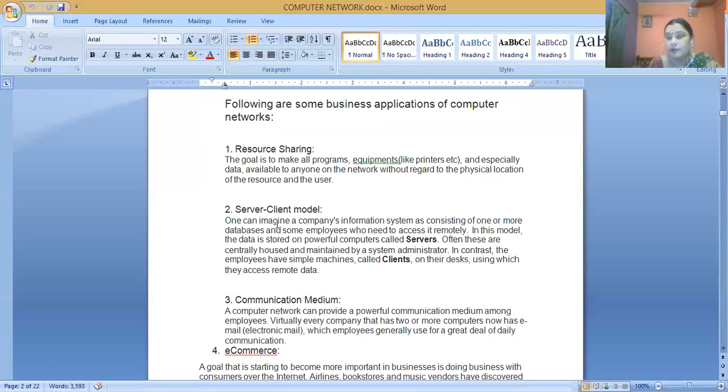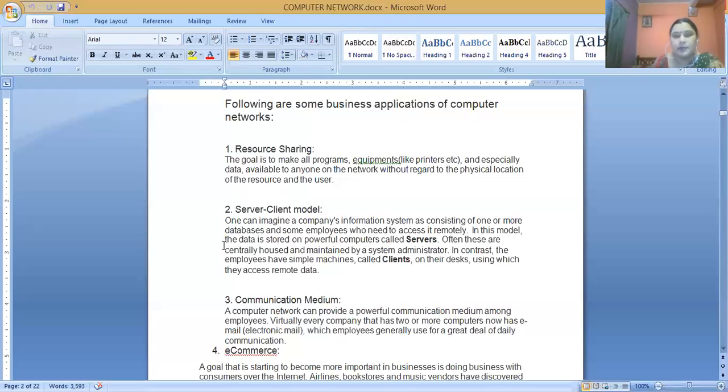And first of all, it shares the resources. The goal is to make all programs, equipment like printers, scanners, and data available to anyone on the network. Means anyone can access the software, hardware devices, data, etc.